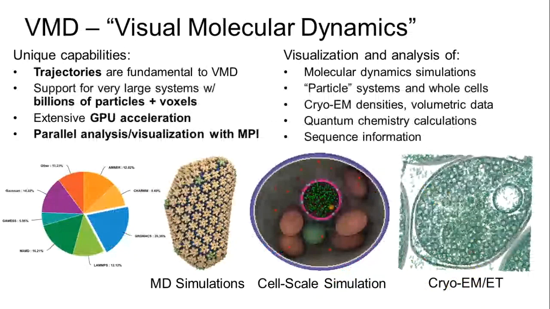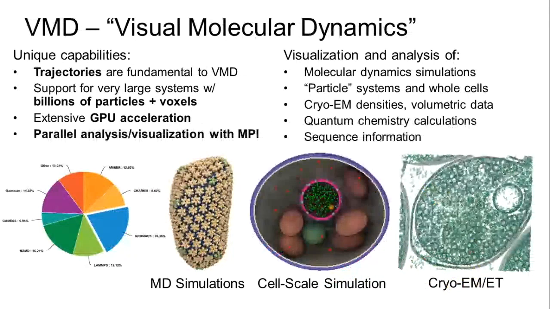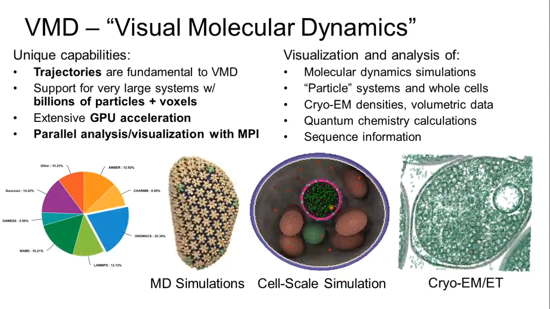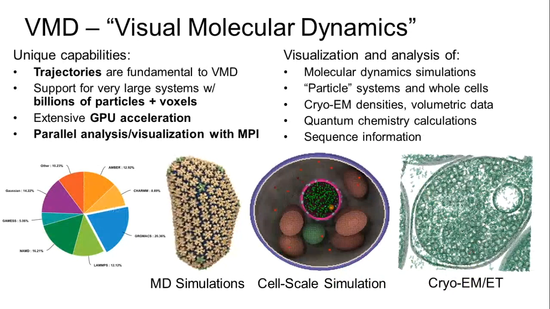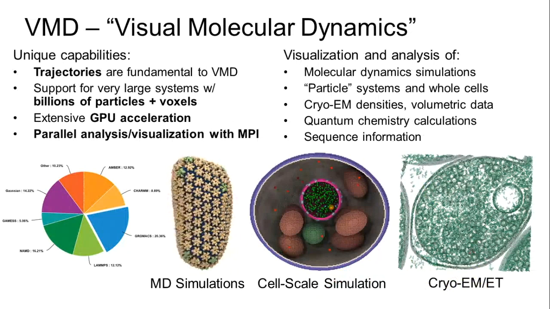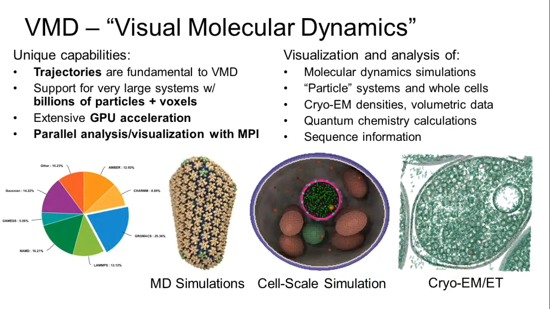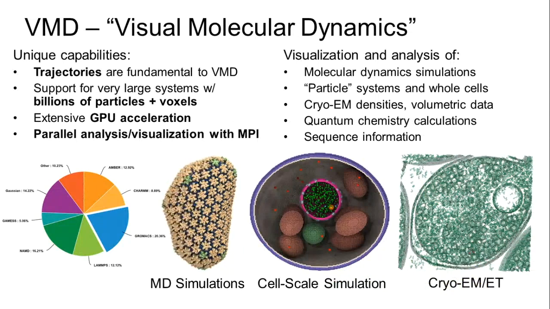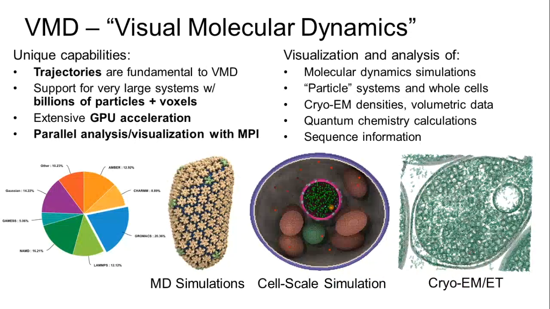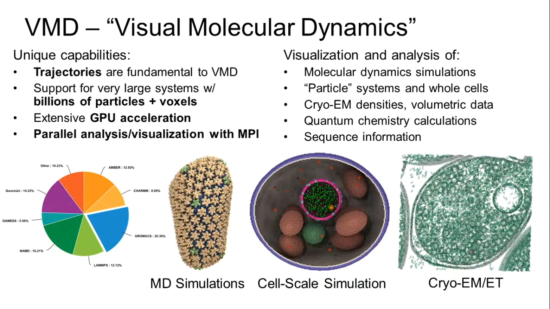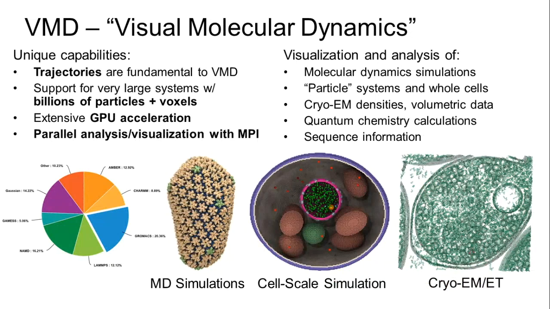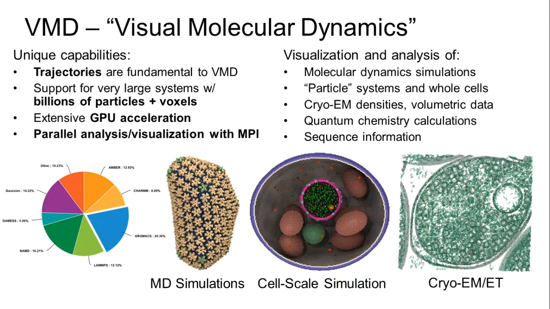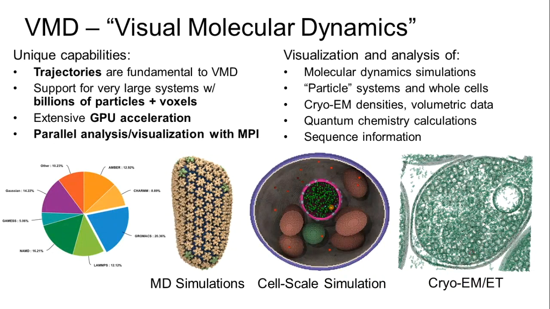So VMD has been designed, if you look at various molecular visualization tools in the field, VMD began just as a visualization tool, and its key differentiator was that it was organized around molecular dynamics, so time-varying structures from the very, very beginning. And over the years, VMD has evolved to incorporate built-in analysis features and eventually GPU acceleration, and now parallel analysis on supercomputers.